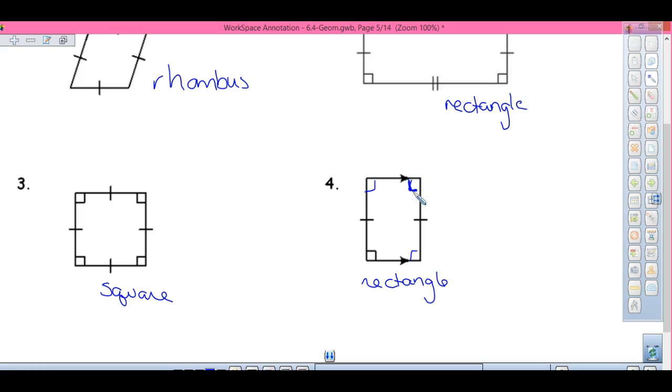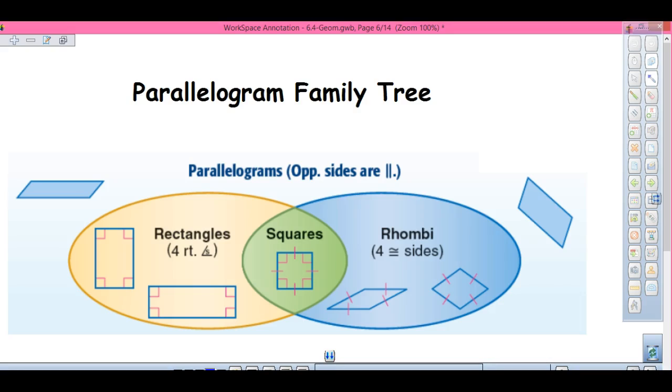And then consecutive are supplementary. So if this is 90 and they add up to 180, this one has to be 90, yep. So then it kind of tells you a little family tree. Squares are both rectangles and rhombuses. All three of them are parallelograms.